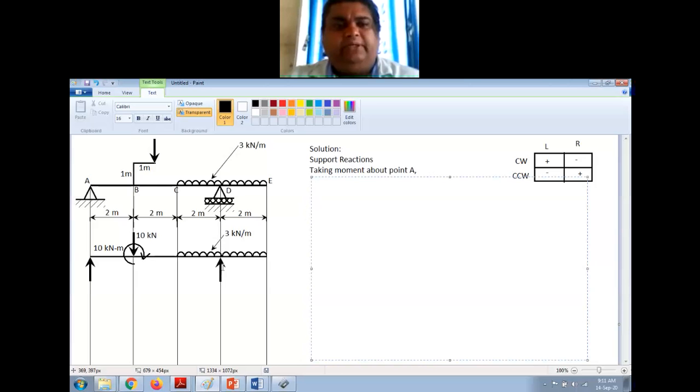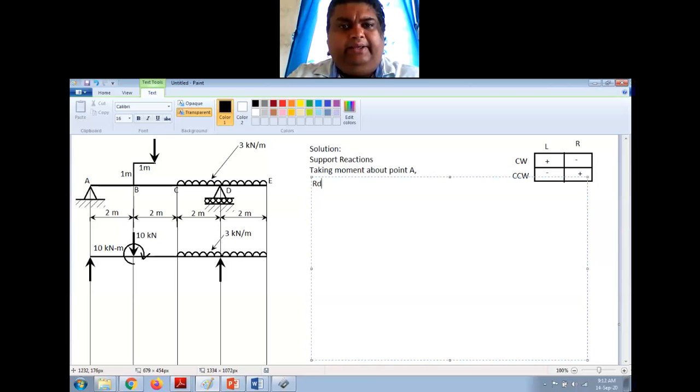I'm assuming it in the upward direction, and this is making a counterclockwise moment about point A. So right side counterclockwise is positive. I will write it like this: RD into the perpendicular distance, which is 6 meter, 2 plus 2 plus 2, 6.